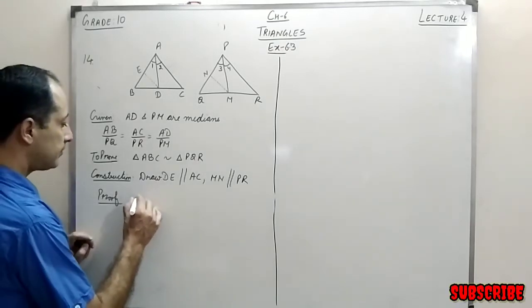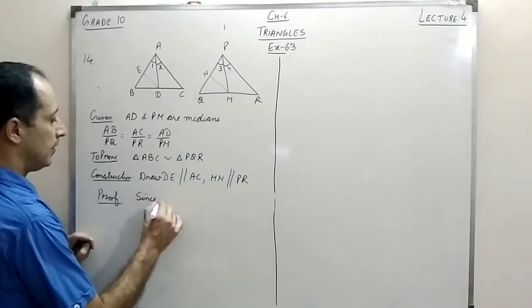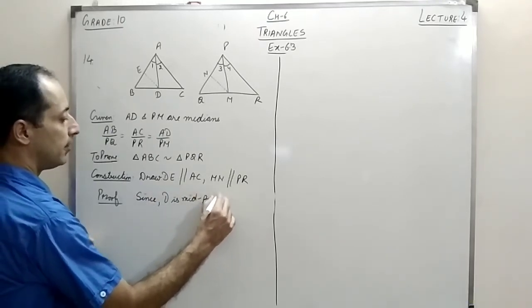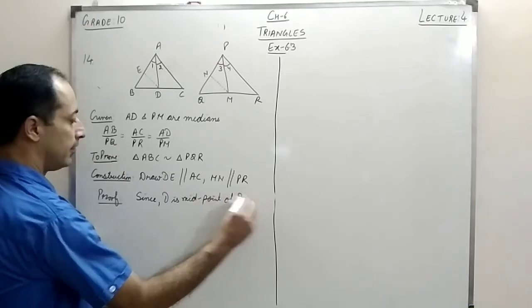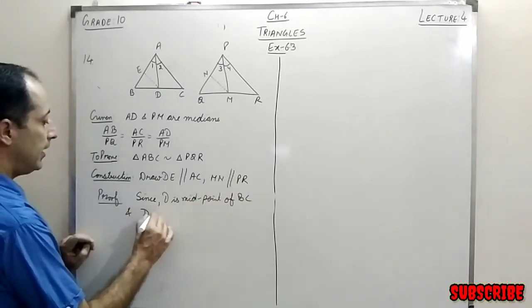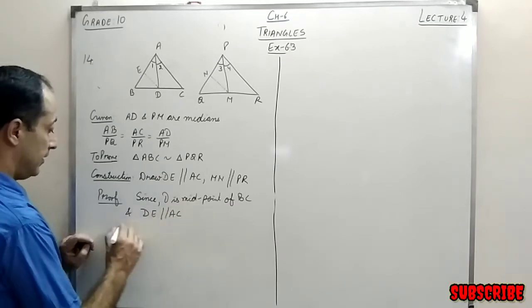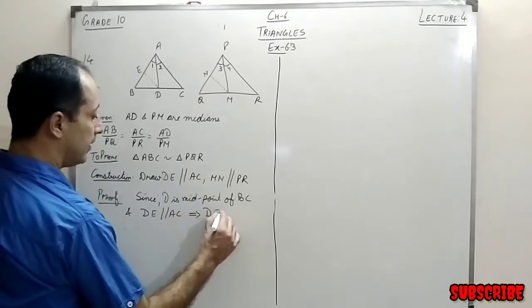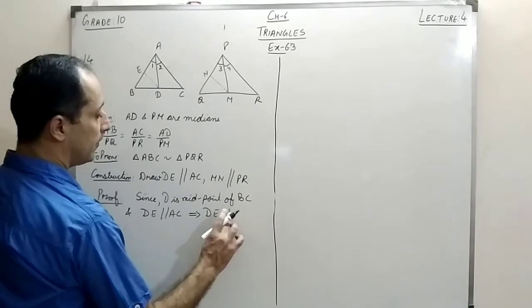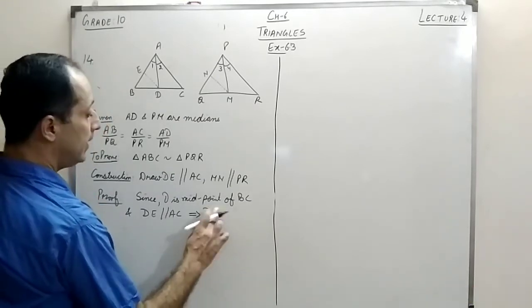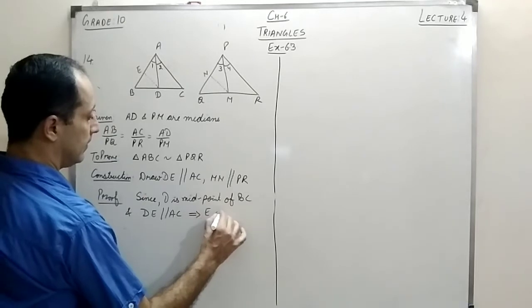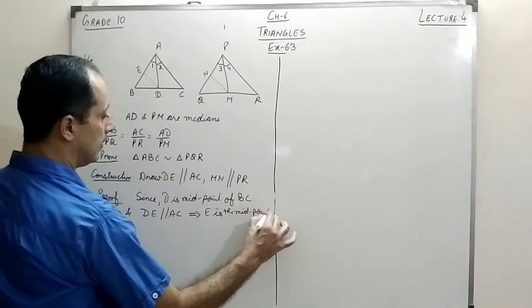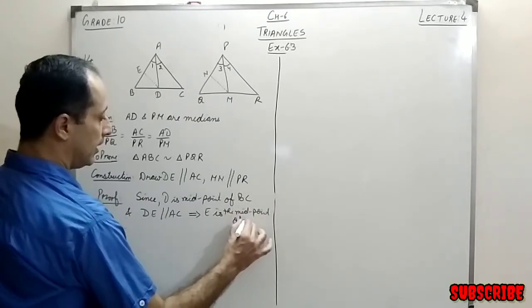So I say, since D is midpoint of BC and DE is parallel to AC, this means that E is the midpoint of AB.